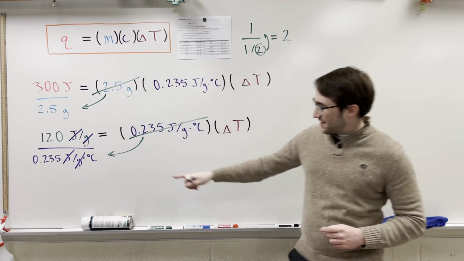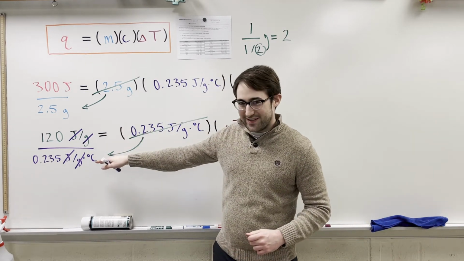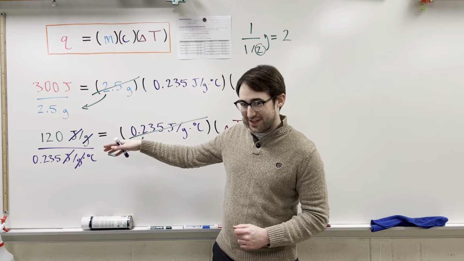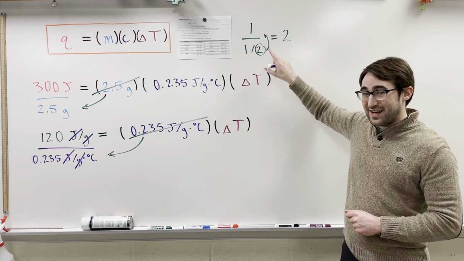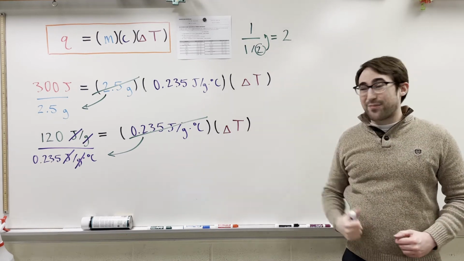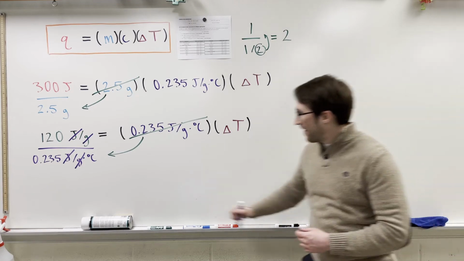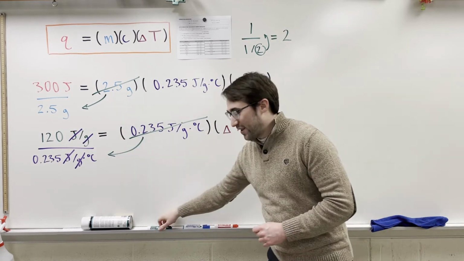So the thing that's left is this degrees Celsius. It's like divided by per degree Celsius, divided by degree Celsius. It's that case of we're dividing by something that's already getting divided. It undoes it, it flips it, okay? So it's gonna end up on the top with our number. So whatever this calculates to be, it's gonna have a unit of degrees Celsius. It flips back up to the top.